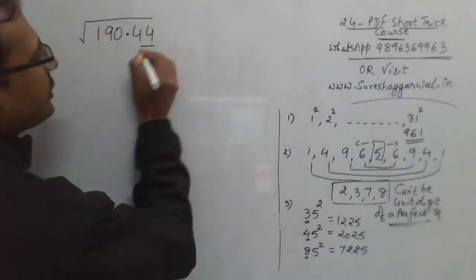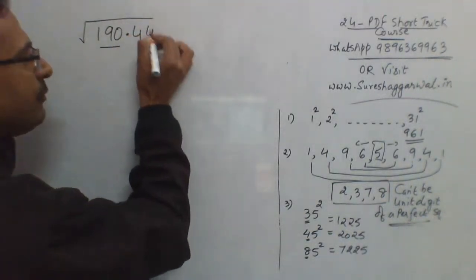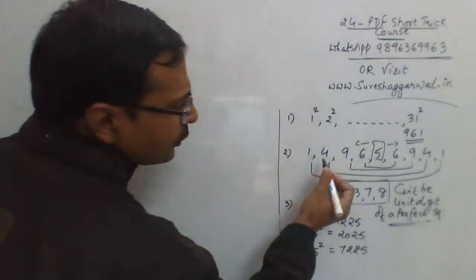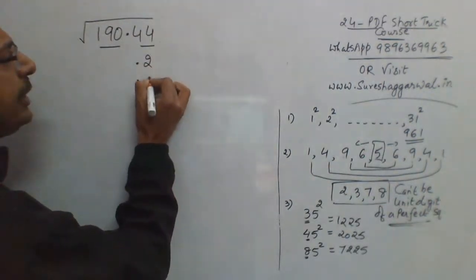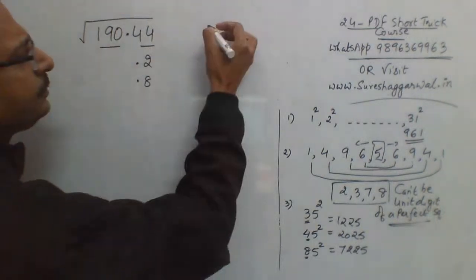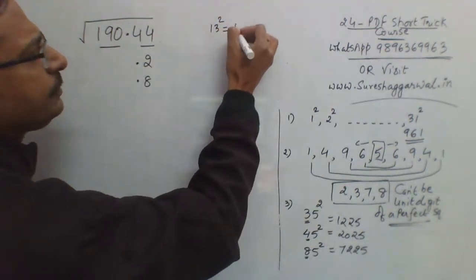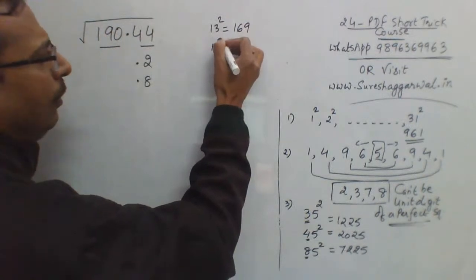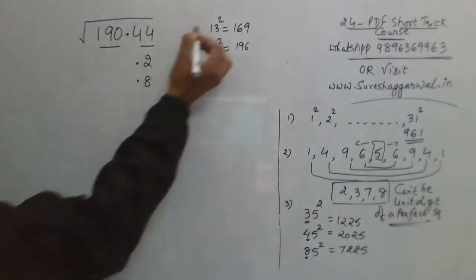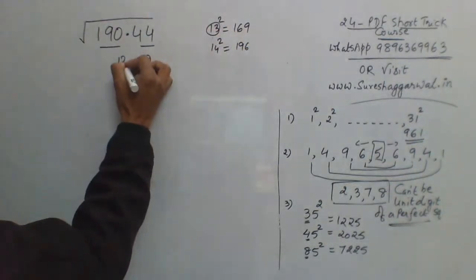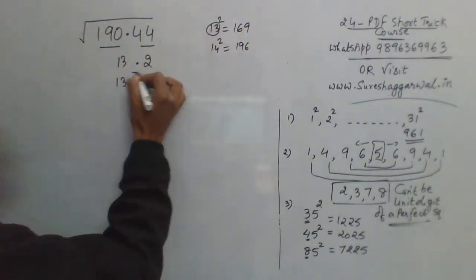Let's see the answer for this one. 44 ends with 4, so 2 or 8. Point 2, point 8. 190 is very close to 13 square. 14 square is greater, so I need the number 13. So two possible answers.